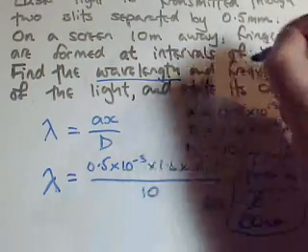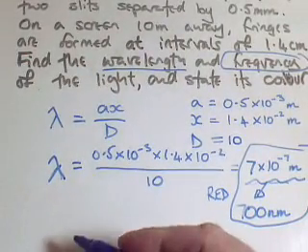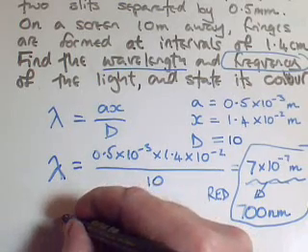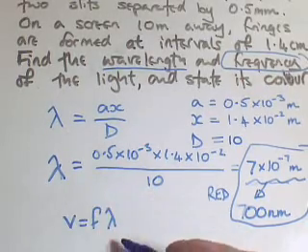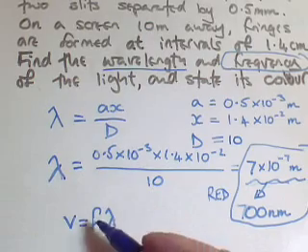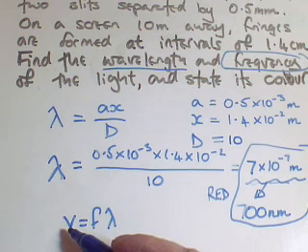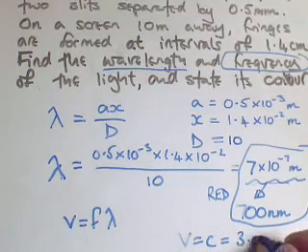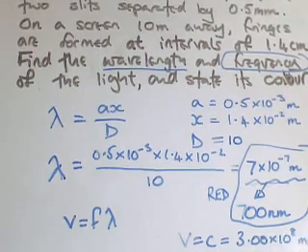Okay, now to get the frequency, we've got the wavelength. How do wavelength and frequency relate? Well, there's another formula in your data booklet, which is that V equals F lambda. Lambda is the wavelength which we've got, frequency is F, which is what we're trying to find, and this V is the speed of travel of electromagnetic radiation, otherwise known as C. So V equals C, which is 3.00 times 10 to the 8, in meters seconds to the minus 1.